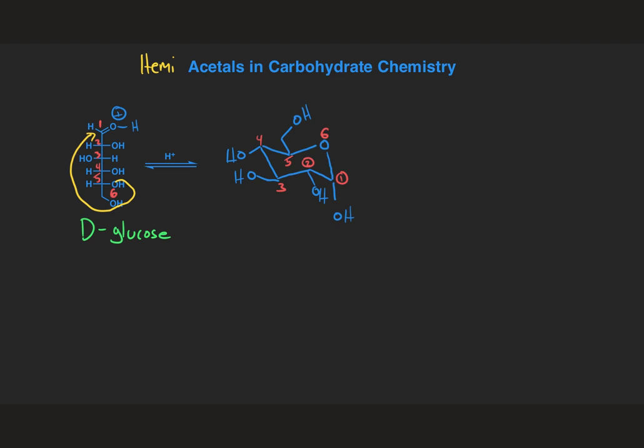And so these stereocenters that I'm circling in yellow here are set from D-glucose. They are here, here, here, and here. Those stereocenters are the same as they are in the linear form. However, we formed a new stereocenter here.